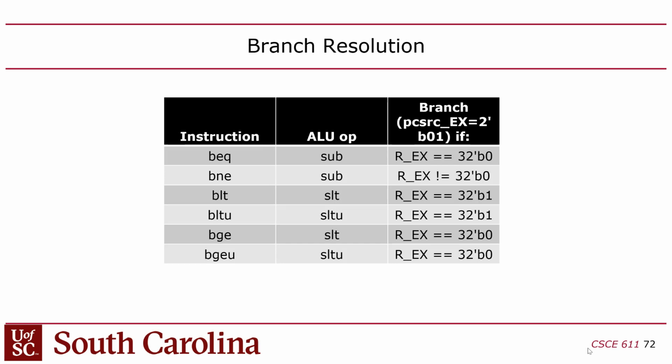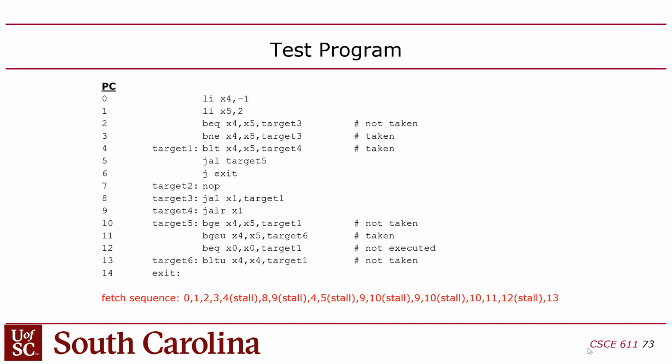In other words, if you're doing branch if not equal, you set the ALU op to subtract, and then you branch if the R coming out of the ALU is not 0. Or you could just look at the 0 flag, as I mentioned. Okay, now I'm speeding up a little bit because I want to get through all this, but if you have any questions, please don't hesitate to stop and ask.